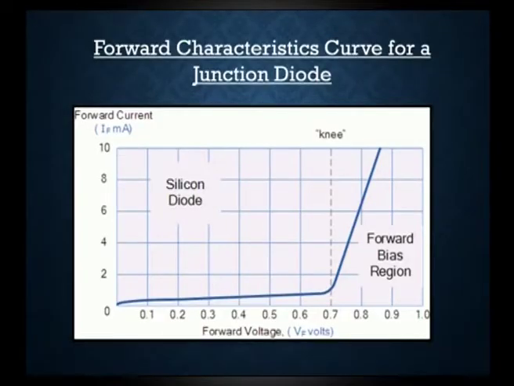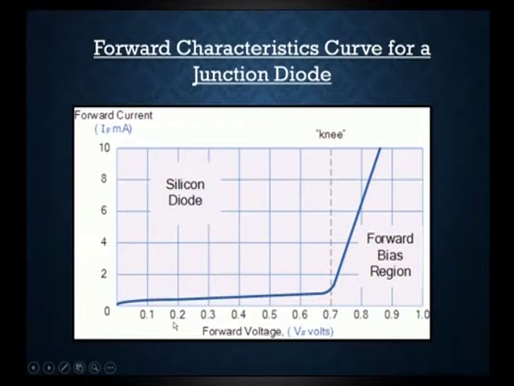Next we move on to the forward characteristic curve for a junction diode. We know how the current flows when the diode is in forward bias mode. When the positive terminal of the supply is connected to the p region and the negative terminal to the n region, current flows in the diode circuit.